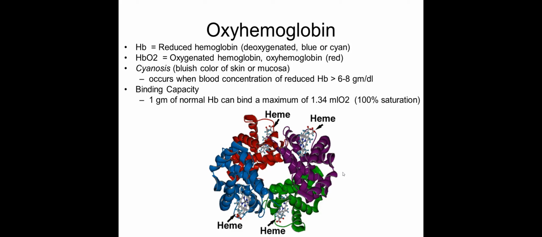Now, the binding capacity, just as we mentioned before, is 1 gram of normal hemoglobin binding to a maximum of 1.34 milliliters of O2. This gives us 100% saturation.